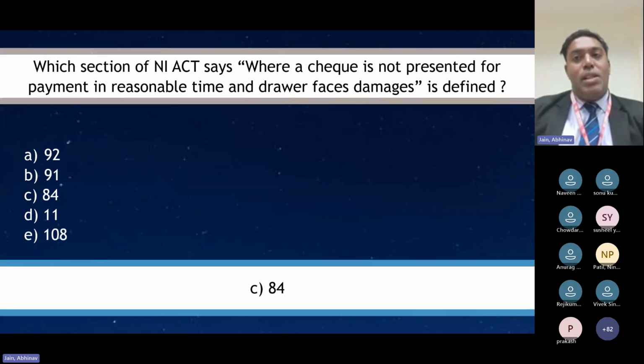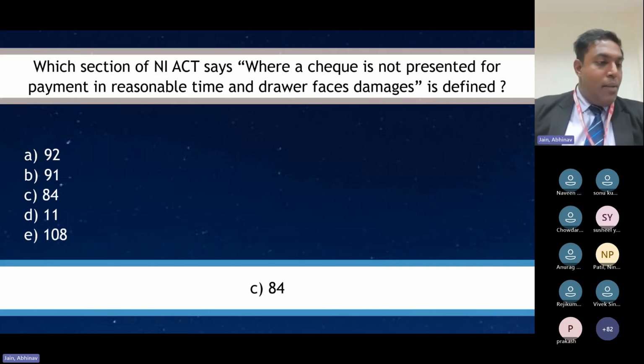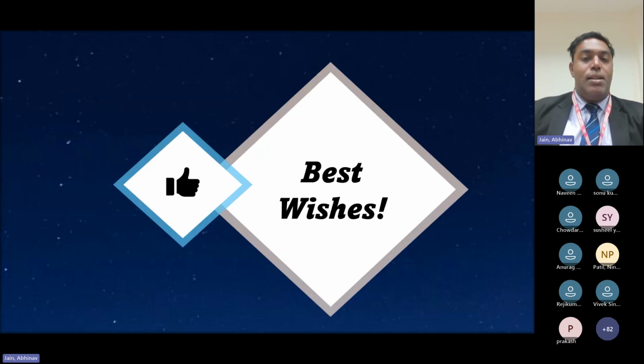Suppose I have been given a cheque and I am not presenting it on time, and because of that the drawer of the cheque faced damages. It is defined under section 84, which is answer C. Please do read it. Where a cheque is not presented for payment in reasonable time and the drawer faces such damages, it is defined under section 84 of NI Act.